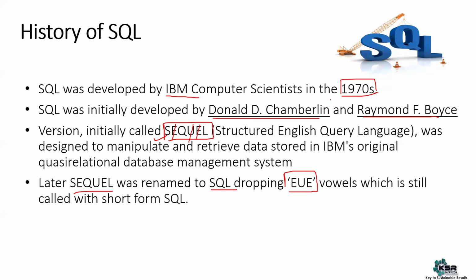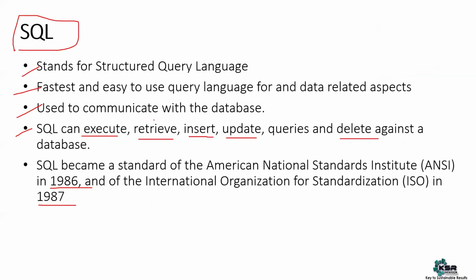So this was introduced around the 1960s and 1970s by IBM computer scientists. Two computer scientists invented this. This is the exact history of SQL. It was standardized in 1986. What do you mean by standardized? In 1986 or 1987, two organizations standardized this language.